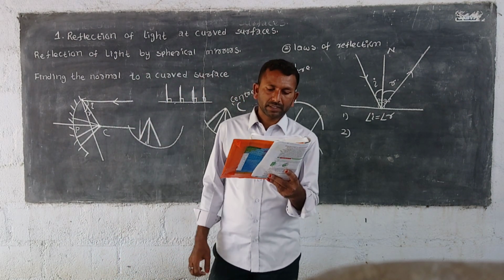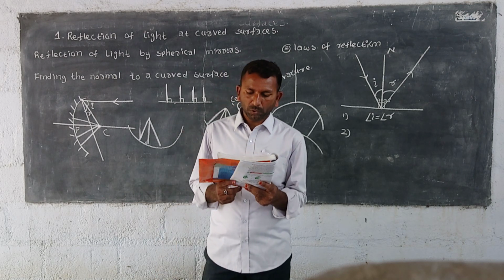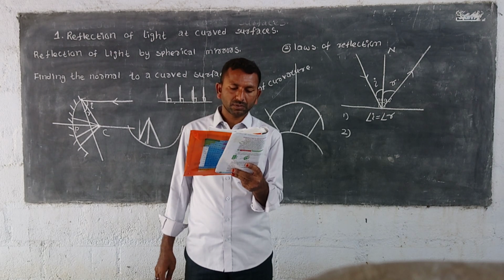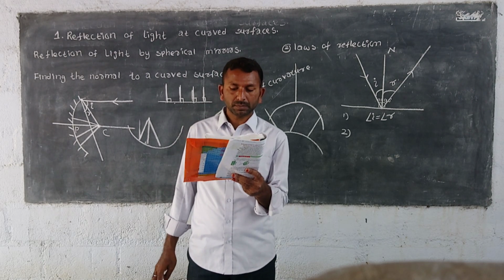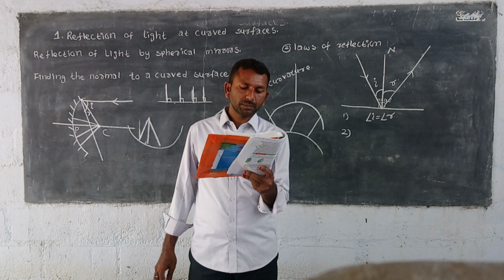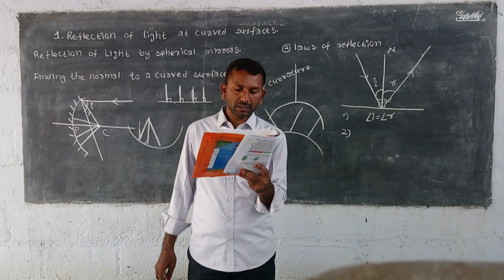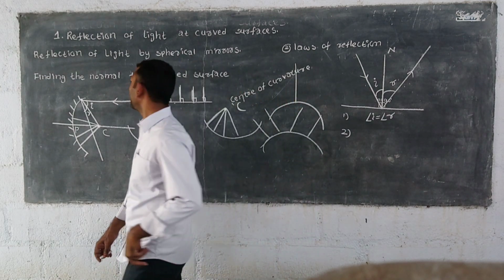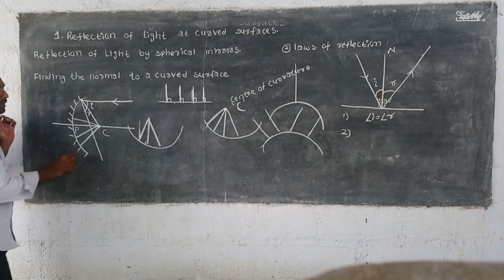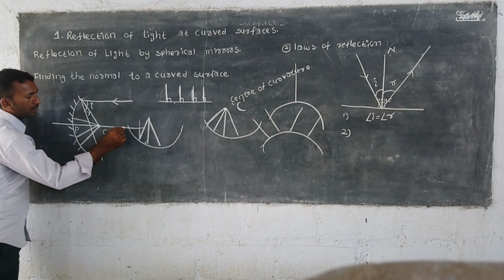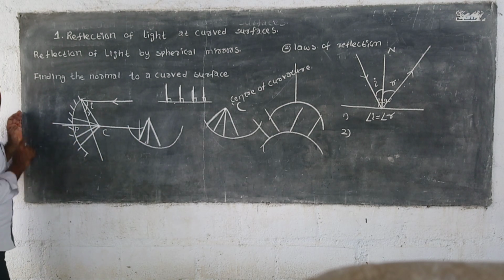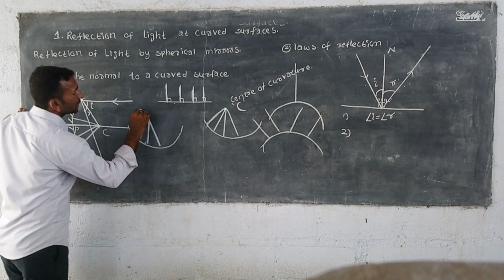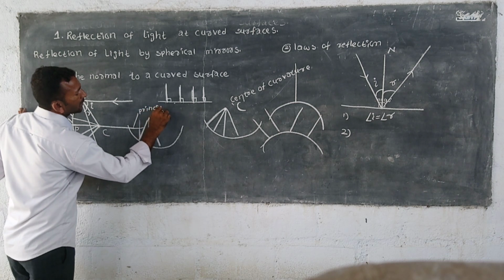Next, the midpoint, the geometrical center of the mirror, is called the pole of the mirror. The horizontal line shown in the figure, which passes through the center of curvature and the pole, is called the principal axis of the mirror. The distance between P and C is called the radius of curvature R of the mirror. Here are some terms. The line which is passing through the center of the mirror is called the principal axis.